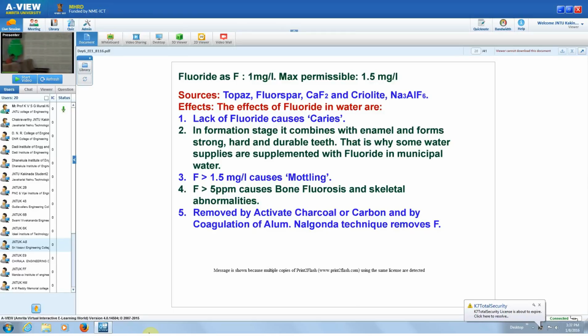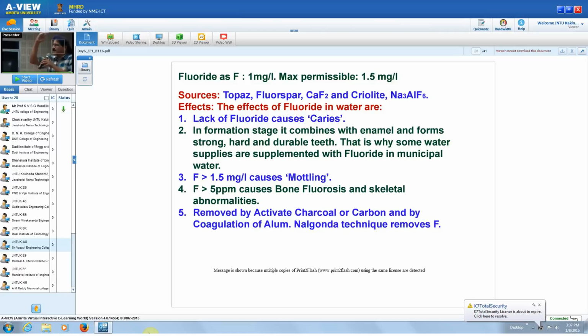So what happens if the fluoride is very less in water? Then the children, especially in children, strong, hard, durable teeth are not formed. పిప్పి పళ్ళు వస్తాయి. దాంట్లో 7-8 కన్నాలు ఉంటాయి. Small worms, germs, etc. can play hide and seek game in that.